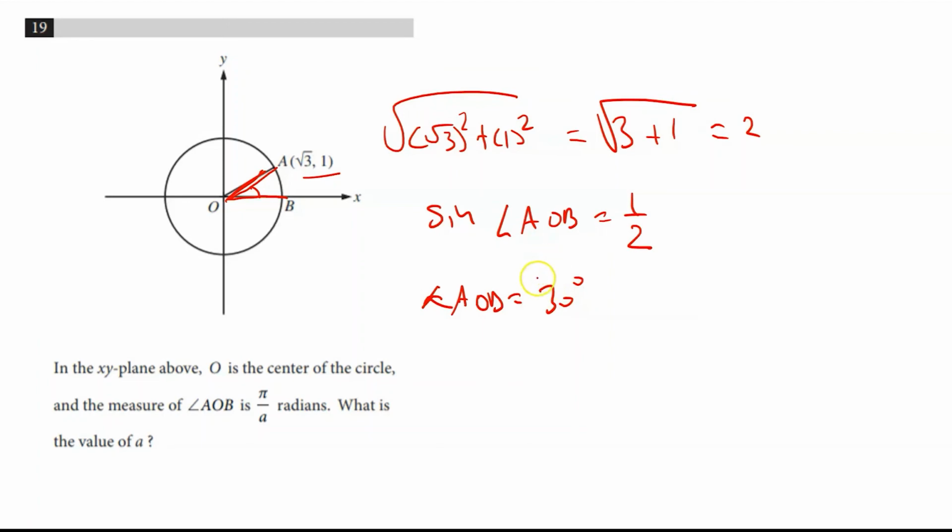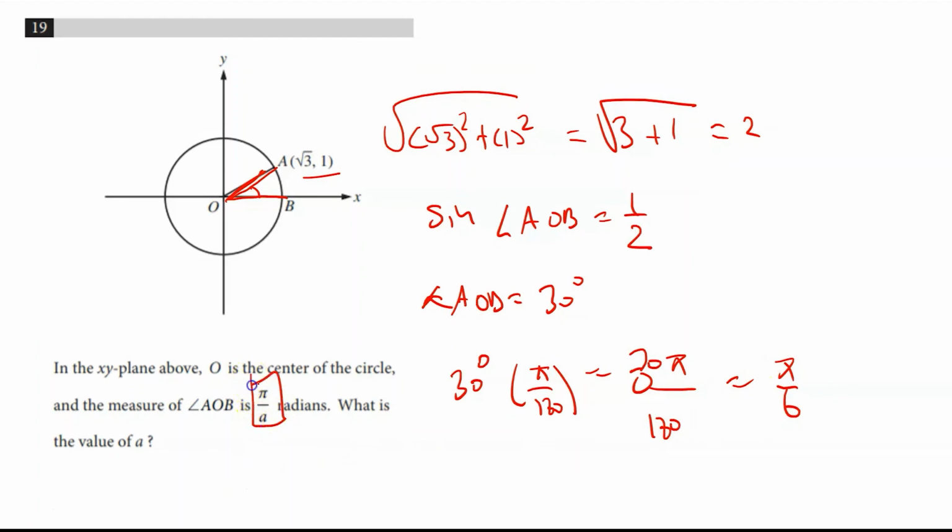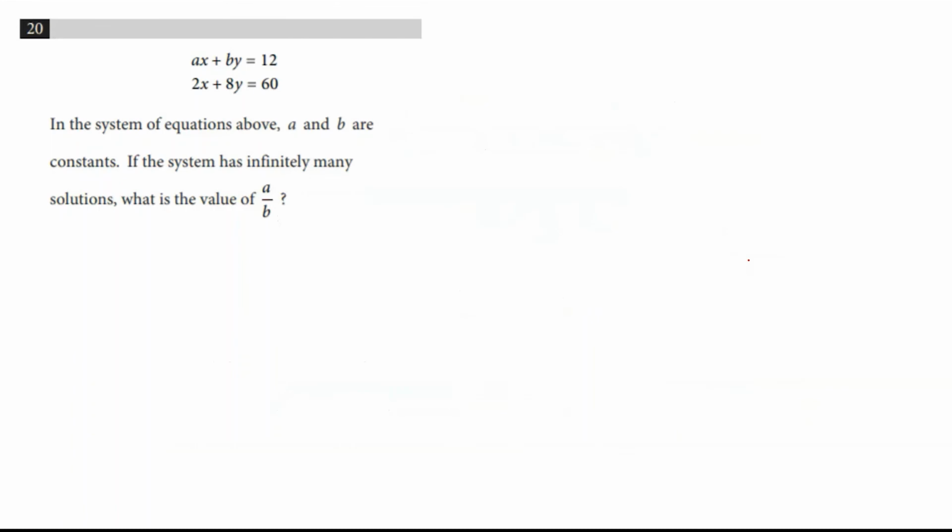However, we want to convert to radians, so we can take our degrees times pi over 180. That's how you convert from degrees to radians. We get 30 pi over 180, which simplifies to pi over 6. We're looking for the form pi over A. A is 6.